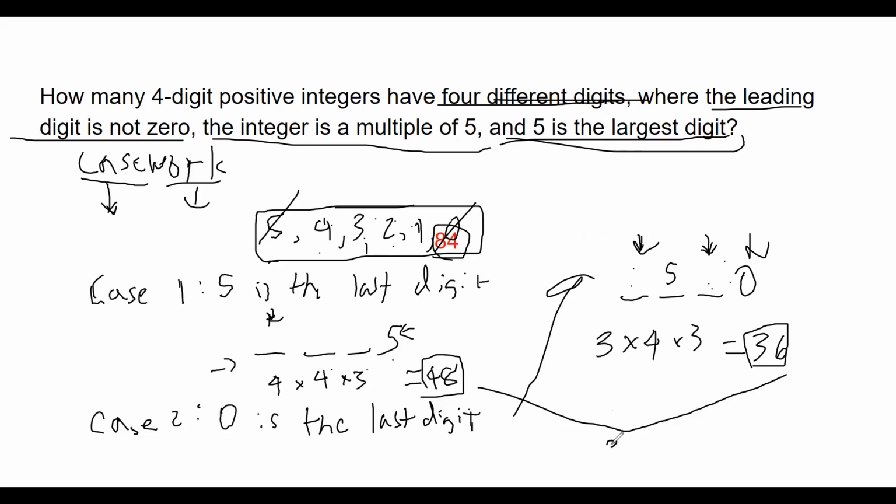The reason why we add them is because these are cases. They're separate, but they all count as end results, and you don't multiply them together because you're not trying to form a 4-digit number from the two parts. They're already fully formed. So you just add them, okay? And this is usually the last step of casework, where you add up everything to make a final solution.